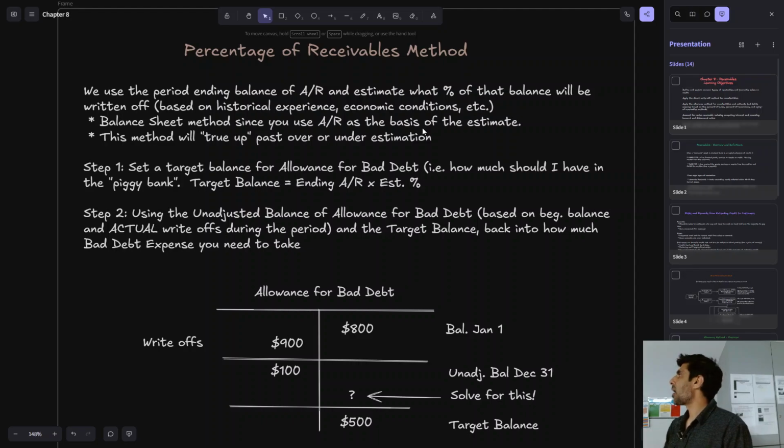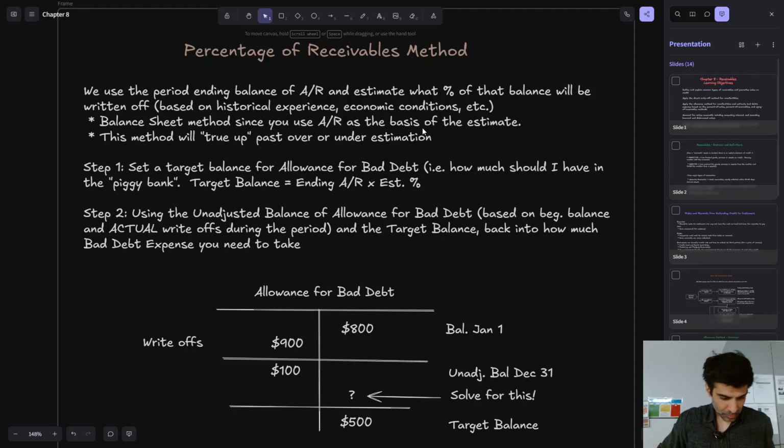You're looking at just the hard number of what is your outstanding account receivable at the end of the period. Okay, it doesn't matter if the account receivable is from 60 days ago or account receivable from 1 day ago, you're going to just look at what is the outstanding account receivable balance and then apply a percentage to that.